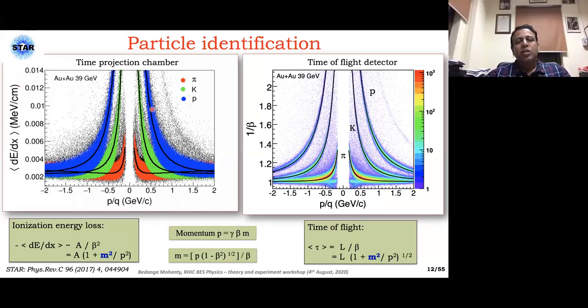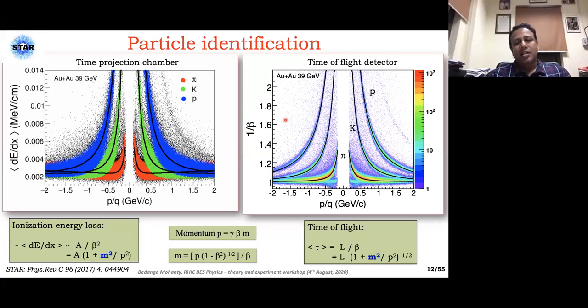Then we make use of the time of flight detector, which gives information of velocity. And when we plot 1 by velocity from the time of flight as a function of momentum by charge from the TPC, we are able to extend the particle identification to larger momentum. And all these play a crucial role in obtaining the final results from the beam energy scan program. So with this introduction, let me now go to the results.